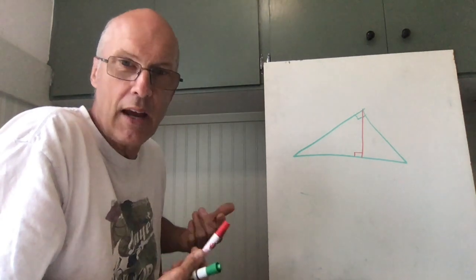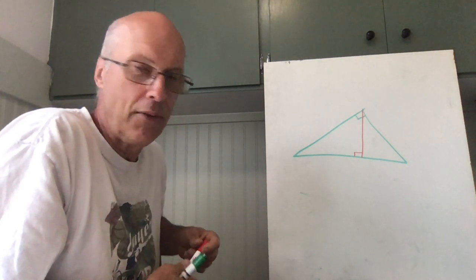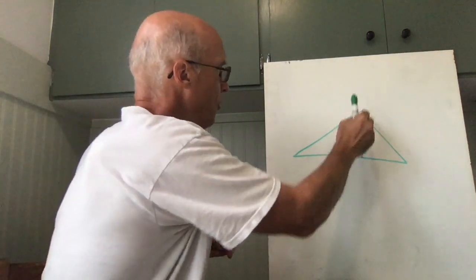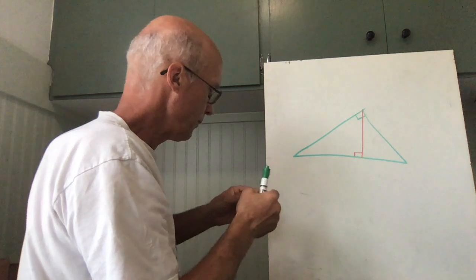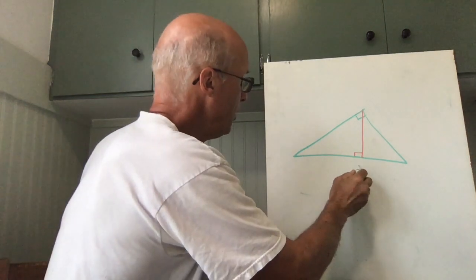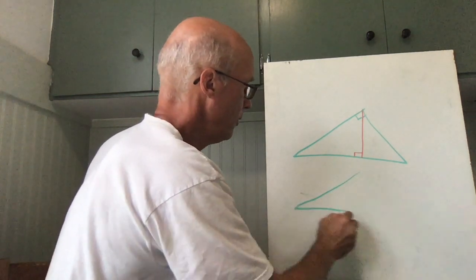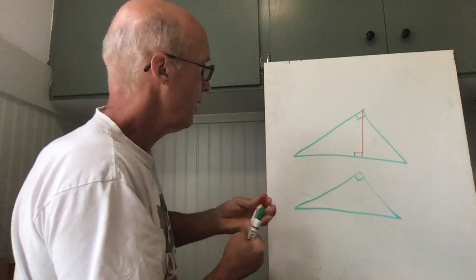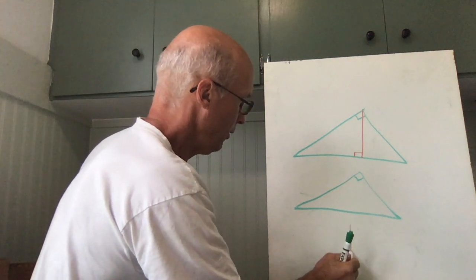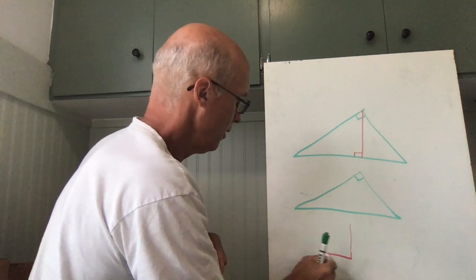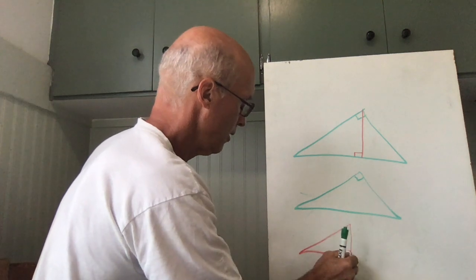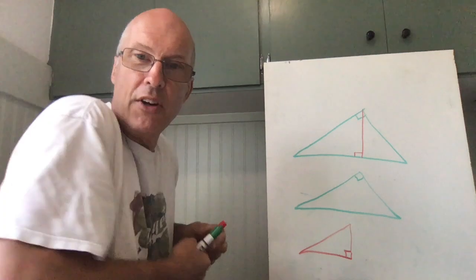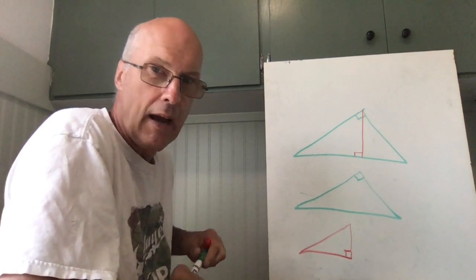And you can quickly prove that to yourself in your mind. Let's just look at this one here. So we've got the big one that looks kind of like that, and we've got the smaller one that looks like that. Can you prove to yourself that those are similar? I hope you can.